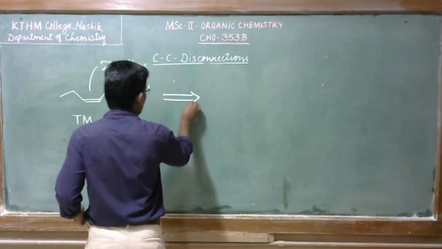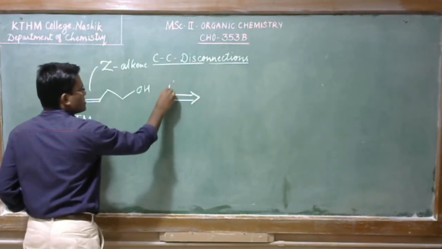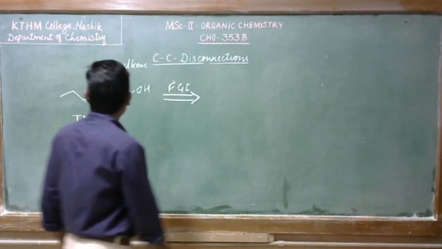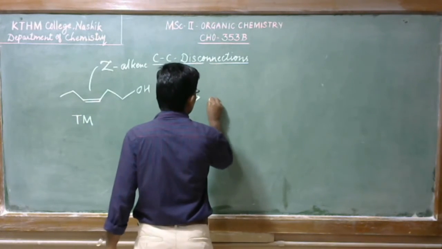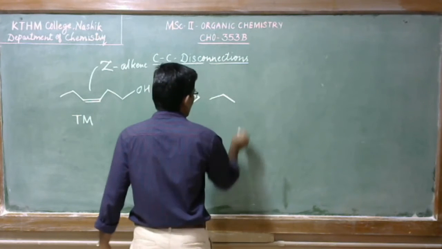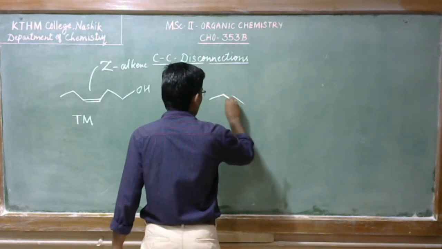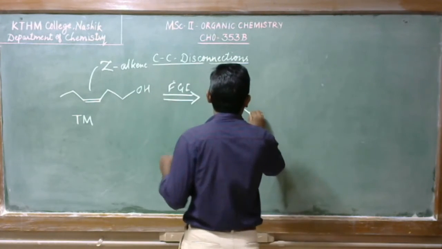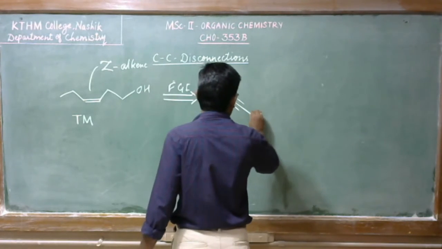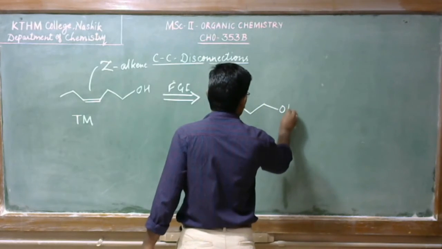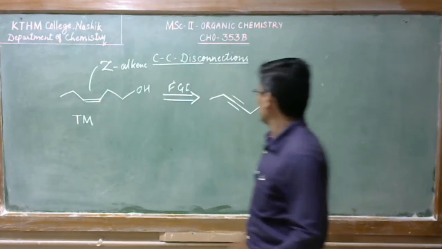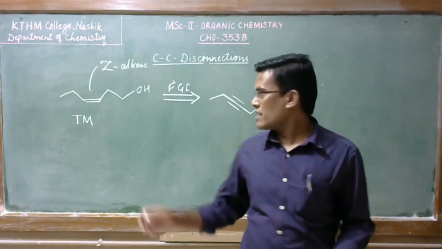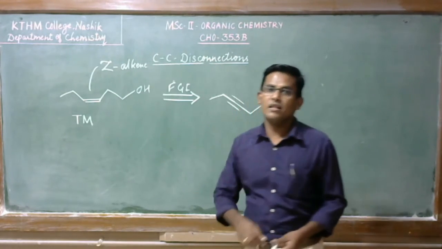Let us put this retrosynthetic arrow. So this alkene can be converted into this alkyne.